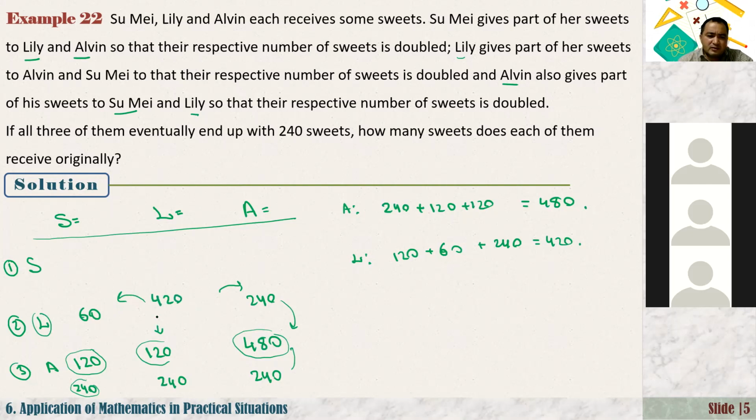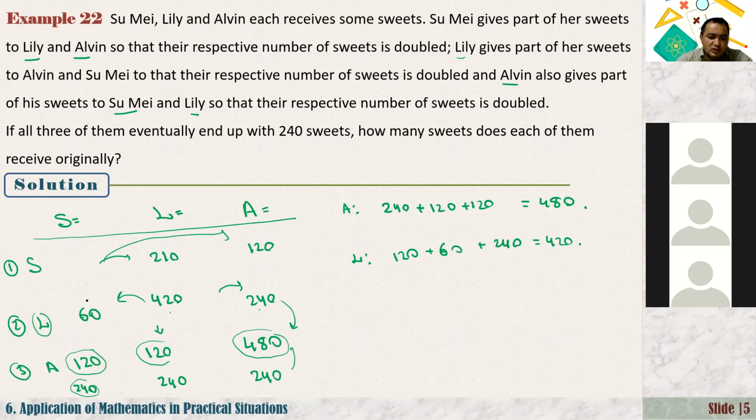Let's see the pattern here. In the first step, Sume gave some to Lily and some to Alvin so that their numbers are doubled. Half of 420 is 210, and half of 240 is 120.